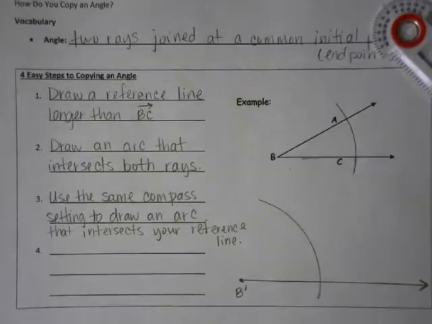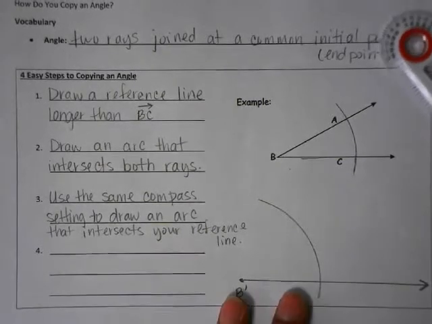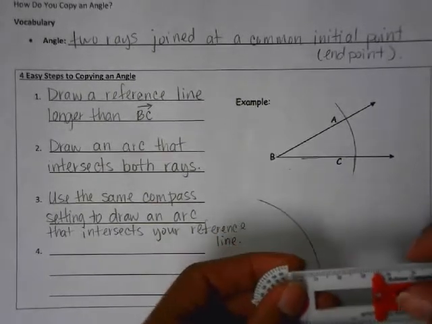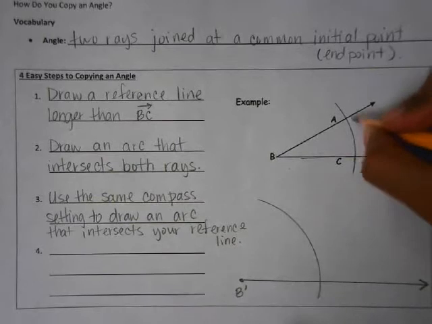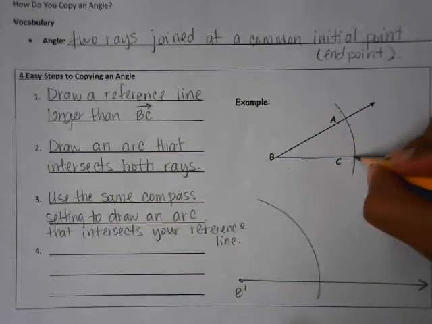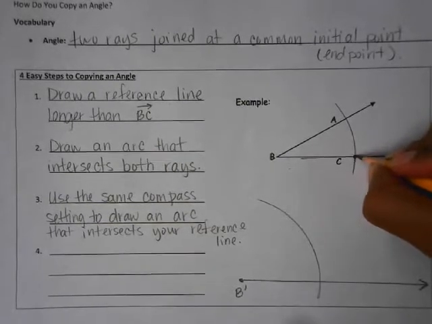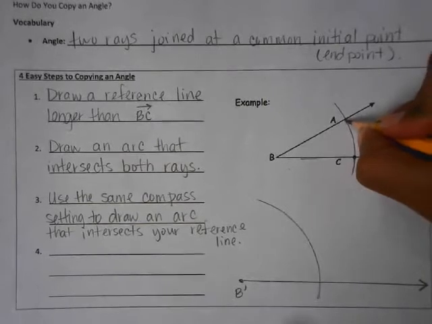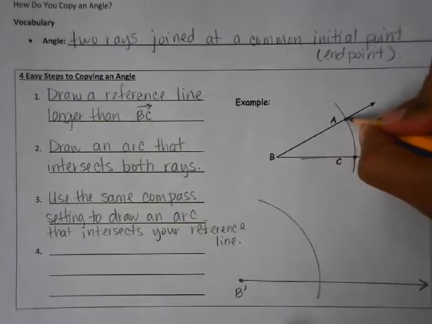Alright, last step. For the last step, what you're going to do is, with your original angle, we're going to measure the distance between this point of intersection and this point of intersection. And the way we're going to measure it is we're going to use our compass. Okay?